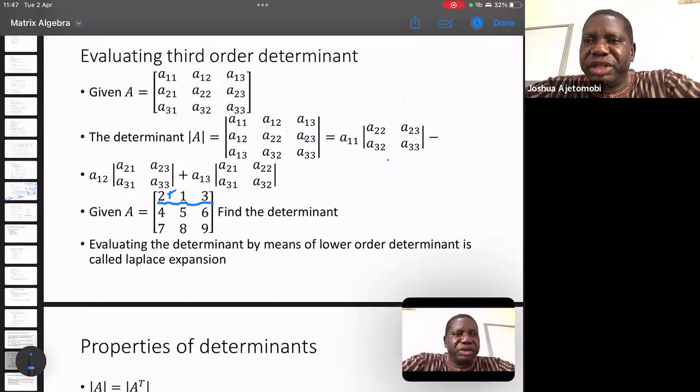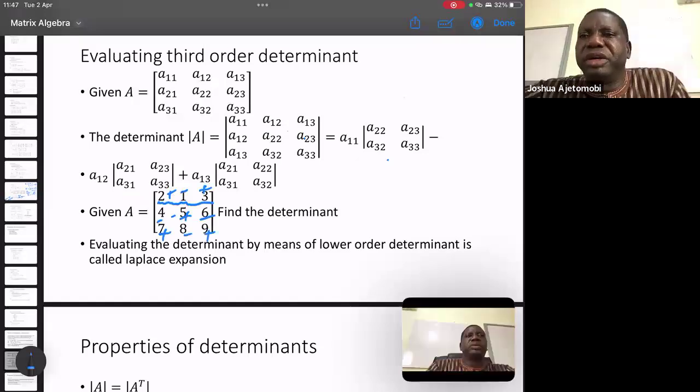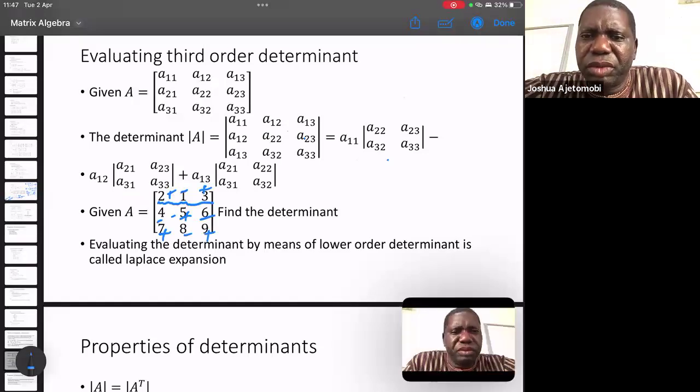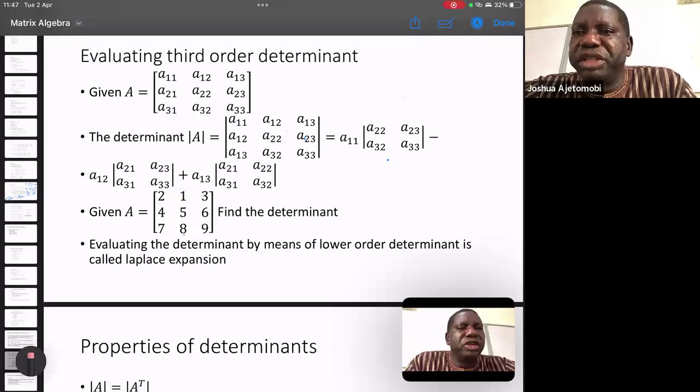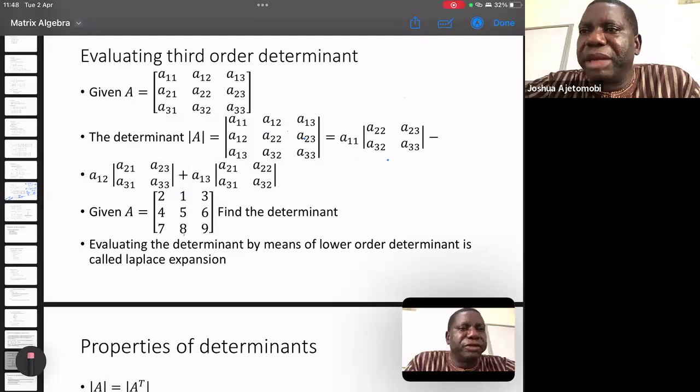So this would be minus, this would be plus, this would be minus, this would be plus, and so on. But let's say we want to use this first row.